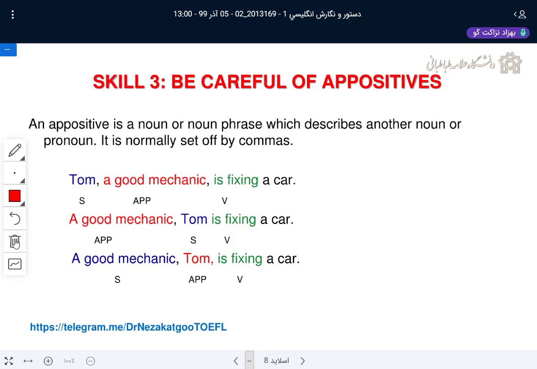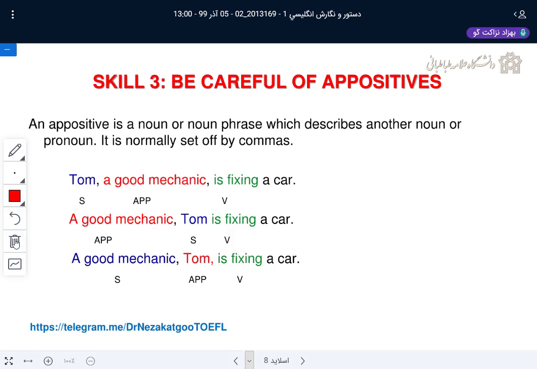If I say my brother, comma, Reza, comma, is a doctor, in that case, when there is a comma to set off Reza from the subject and verb, it means I have 1 brother, and that brother is Reza.